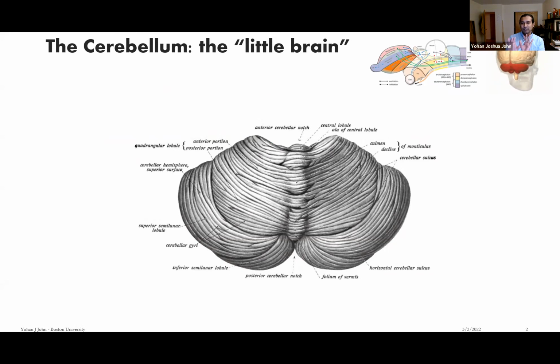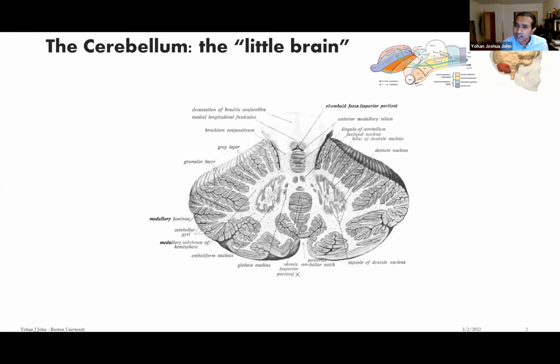And if you slice through, you find something like the cerebral cortex, the cerebellar cortex, but to my eyes, the shape of it reminds me of something plant-like for some reason.